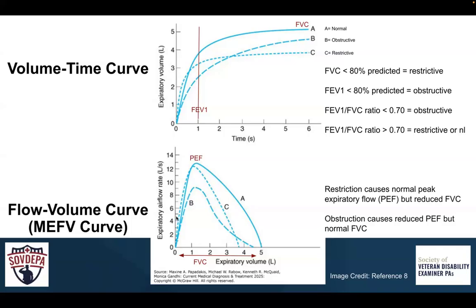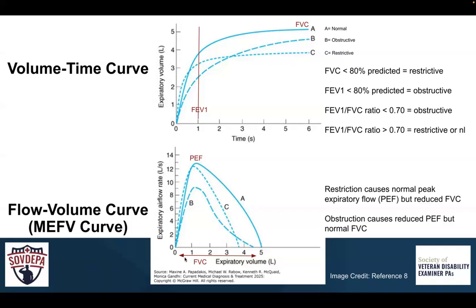We see it again here, okay? Peak expiratory flow, we're almost at peak of normal, but that FVC, which is represented, and you can even see the FVC here on this horizontal axis is 5 and normal for A. It's 5 and normal for A on this loop too. So that matches up those volumes.